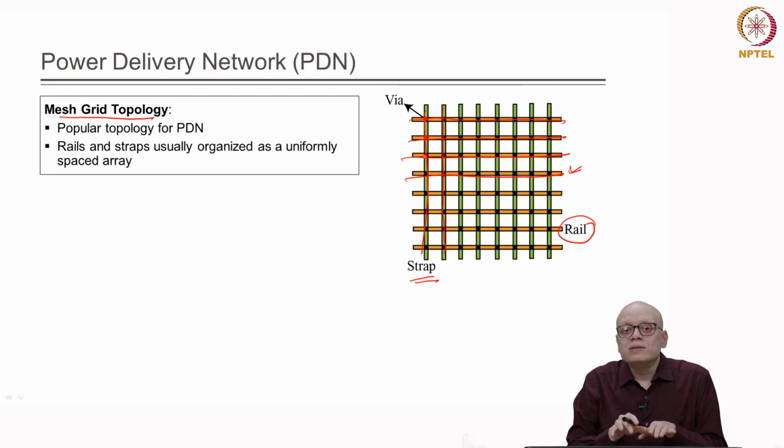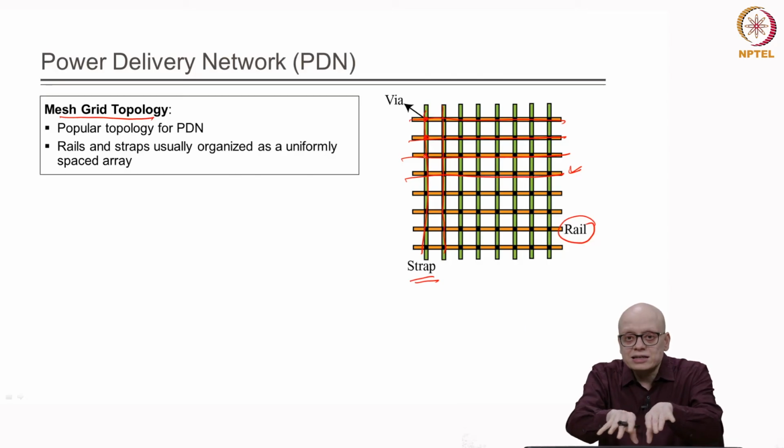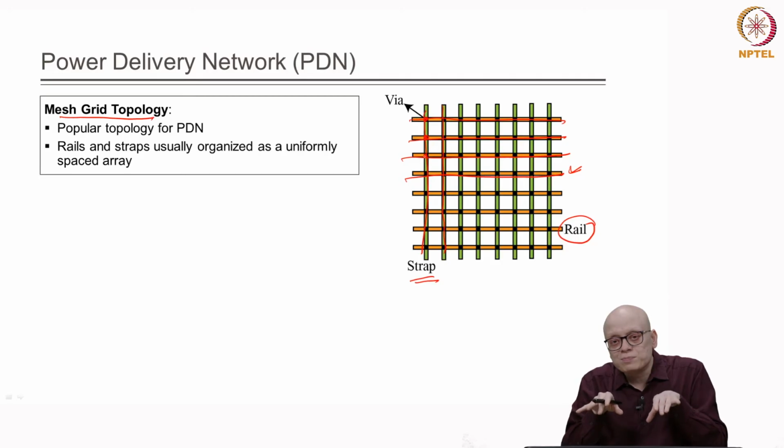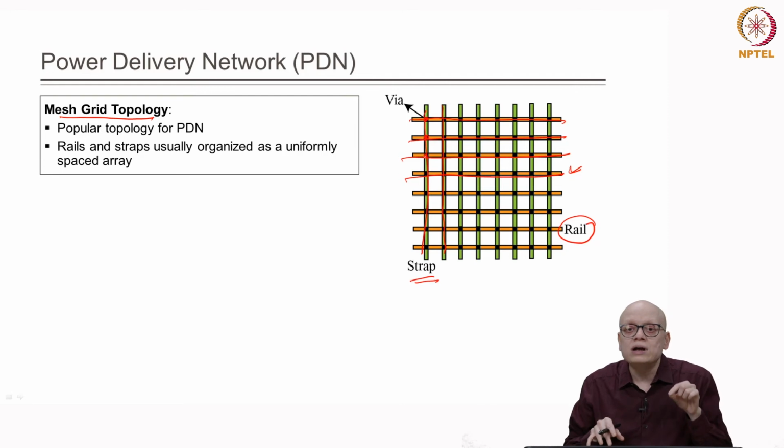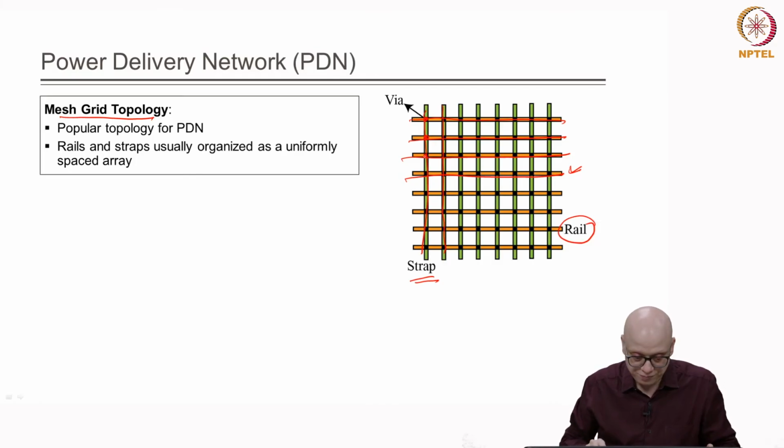So, this is how the power delivery network is created over the entire core area, and from this power delivery network, from appropriate tapping points we get metal lines, and then those metal lines basically feed the ground and VDD lines of the standard cells and the macros.